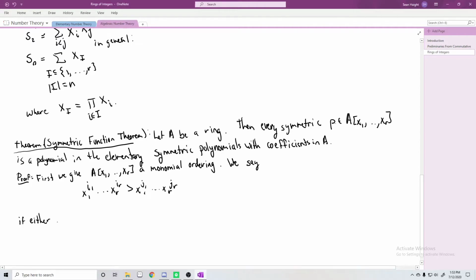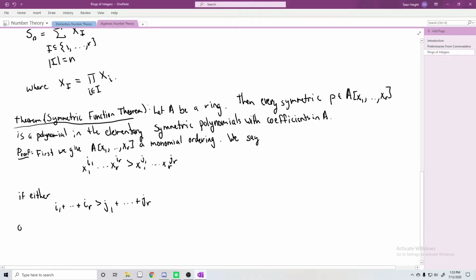Either the total degree of the left is bigger than the total degree of the right, so if the sum of all these i's is bigger than the sum of all the j's, or equality holds above, and for some s, i1 equals j1, through is equals js, but i sub s plus 1 is greater than j sub s plus 1.